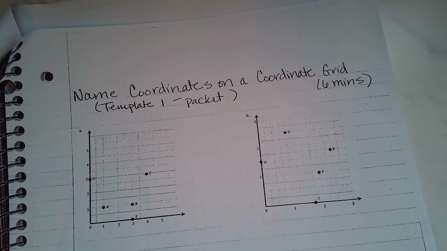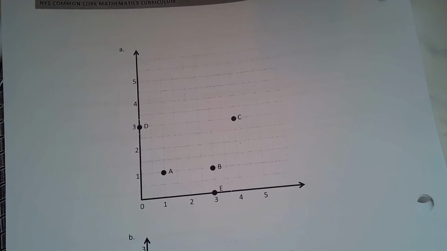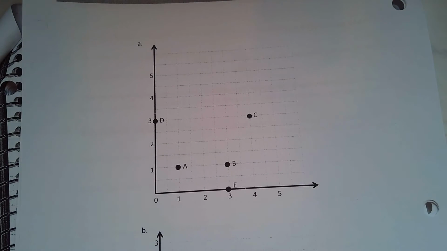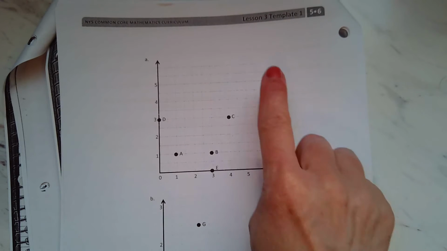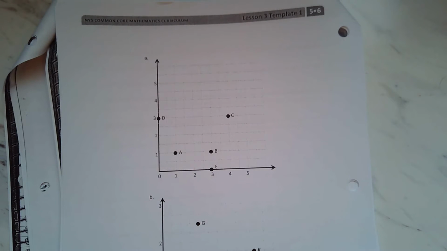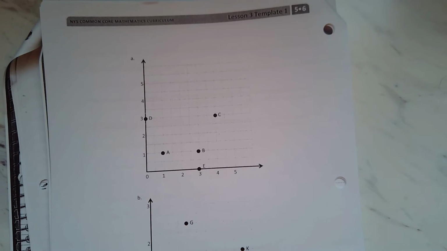you need template 1 in your packet. Can you find template 1 in your packet that was sent home? It looks like this. Your packet is part of your problem set. So your template 1, it's in the back of your problem set.